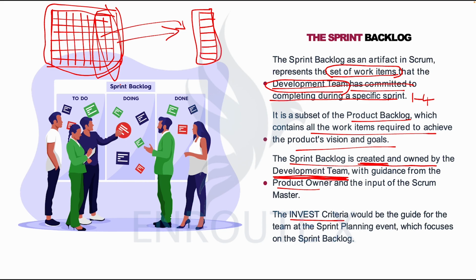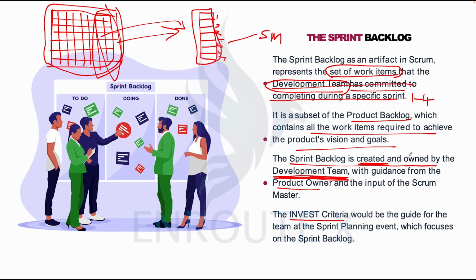But after the set of work has been picked, the development team would then run with those items themselves. Of course, as we've said over time, they have the Scrum Master with them, supporting and helping them to deliver value.